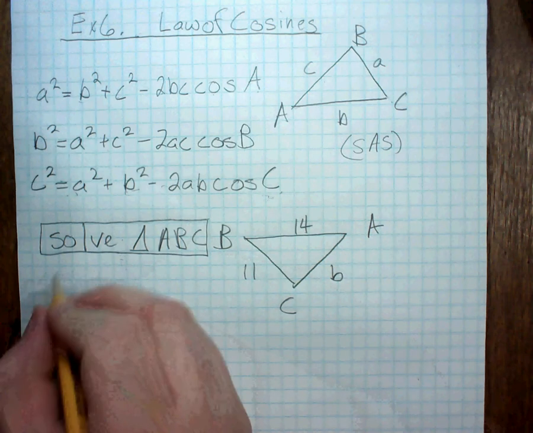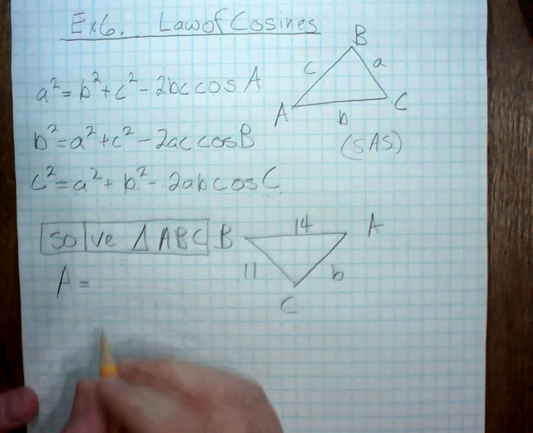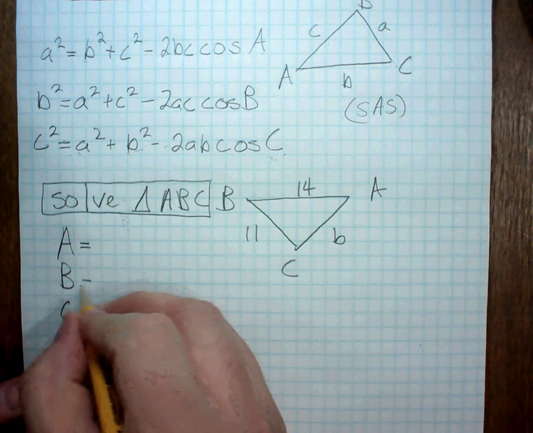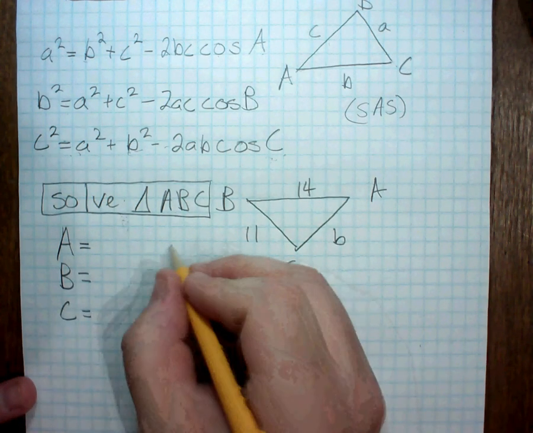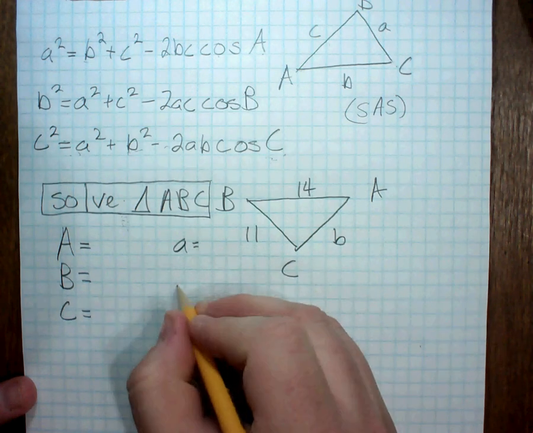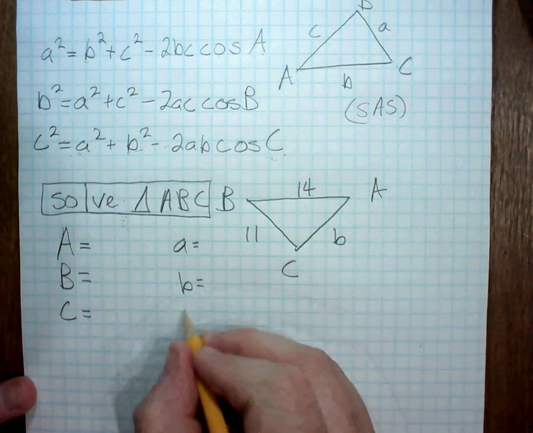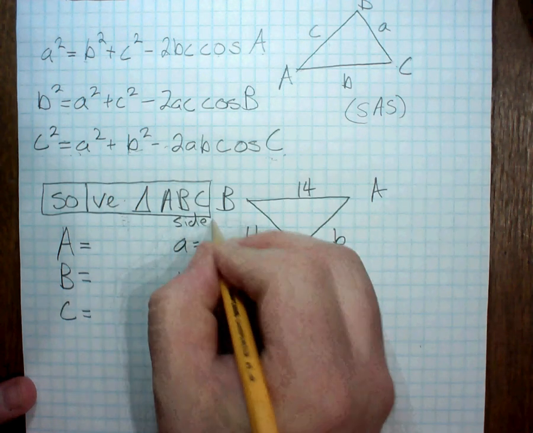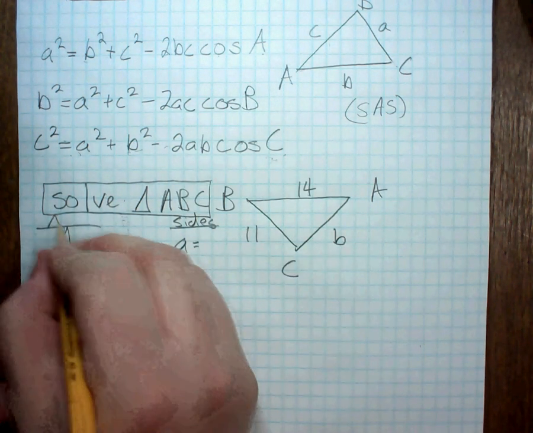So I'm going to list what I know. I've got my angles here, capital A, capital B, and capital C. And then I've got my lowercase a, lowercase b, and lowercase c. So these are the sides, and these are the angles.